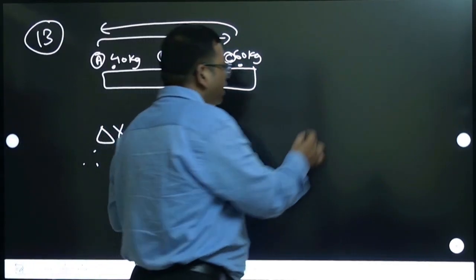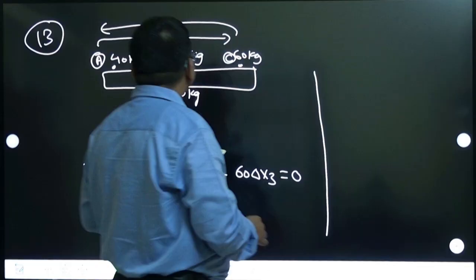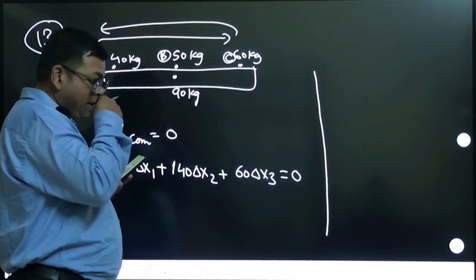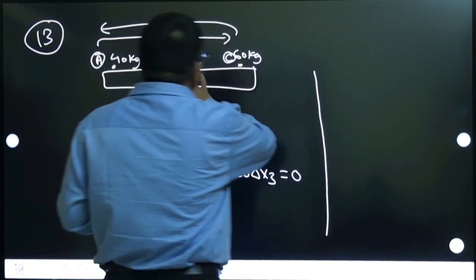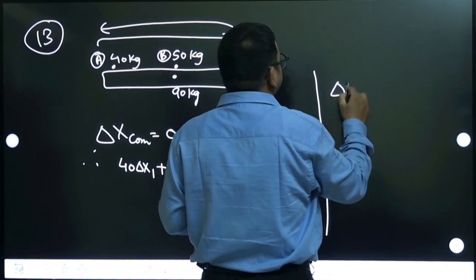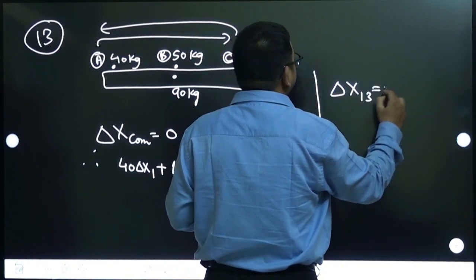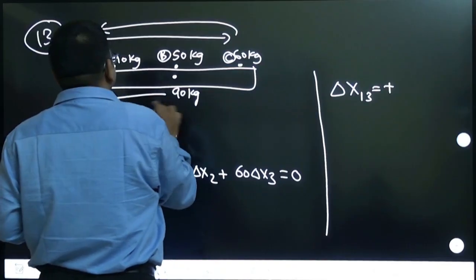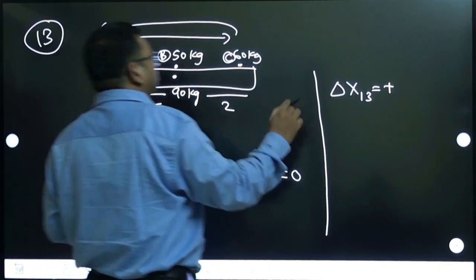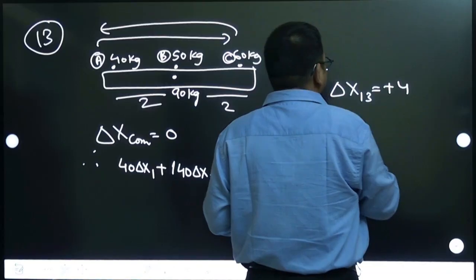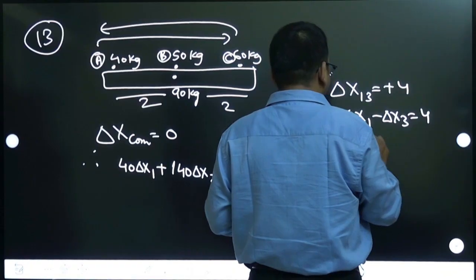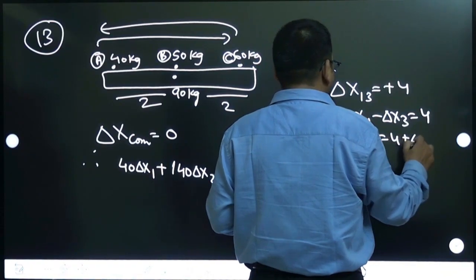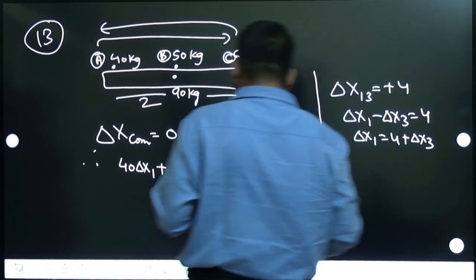Now they are also saying one more thing. What is that? That A is coming this way, so relative displacement of 1 with respect to 3 is plus how much? This distance is 2, 2. So this is plus 4. So from here delta x1 minus delta x3 is equal to 4. So delta x1 can be written as 4 plus delta x3. Correct?